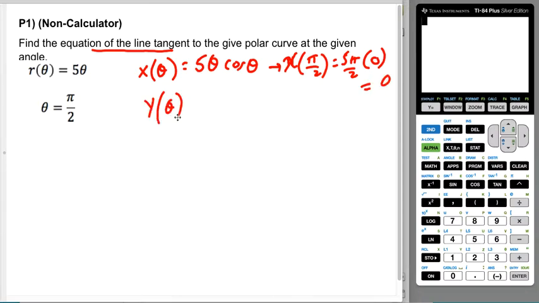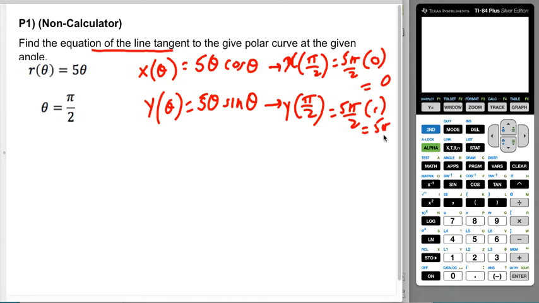Y of theta is going to be r sine theta, which means y of pi over 2 should be 5 pi over 2 times a 1, or just 5 pi over 2. So I have the point, right? So that's the first step in the problem. My point is 0 comma 5 pi over 2. Great.